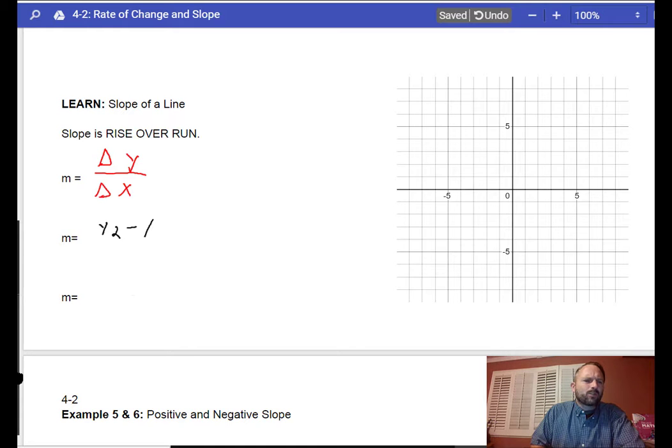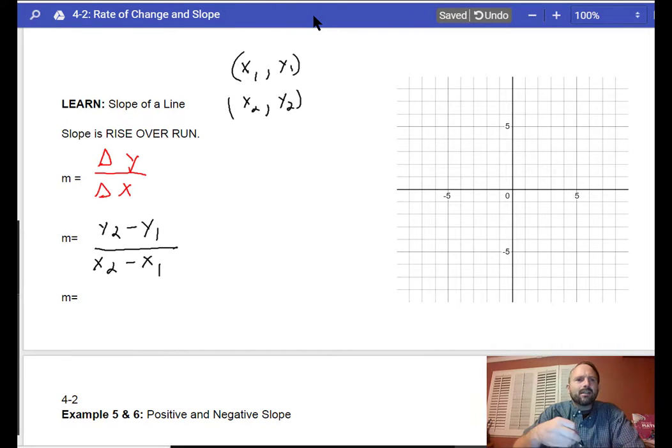It doesn't matter which one you use, but if you have 2 points, x1, y1, and x2 comma y2, you could subtract them out. I'm going to take the y of this, subtract that, and the x of this and subtract that, and you will get the rise over run. But sometimes we forget that.